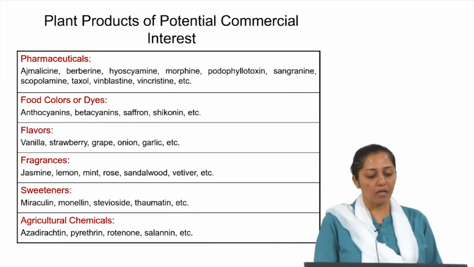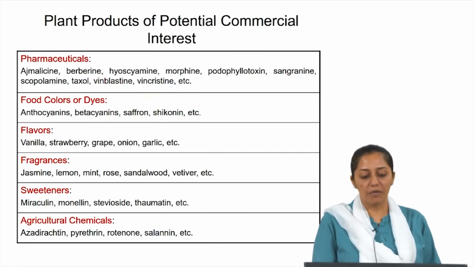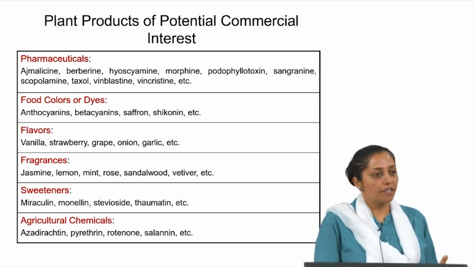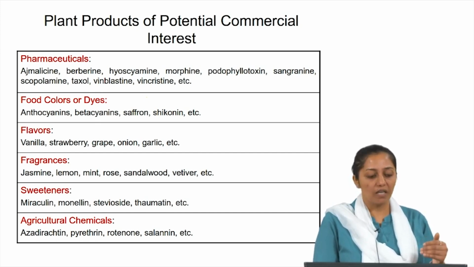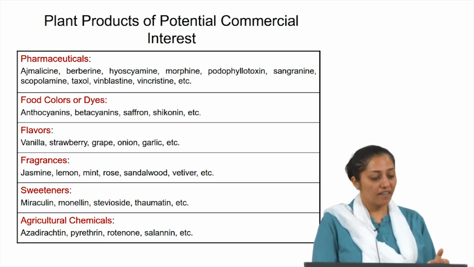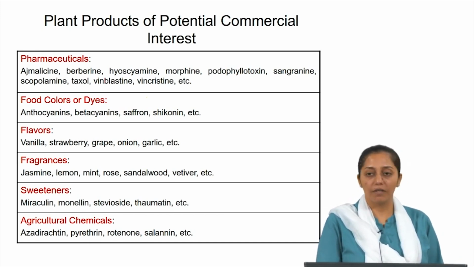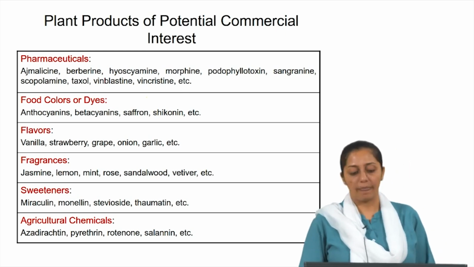So, these are some of the examples of plant products of commercial interest, where it ranges from pharmaceuticals, then food colors, flavors, fragrances, sweeteners, artificial sweeteners and agriculture chemicals like pesticides or even fertilizers.